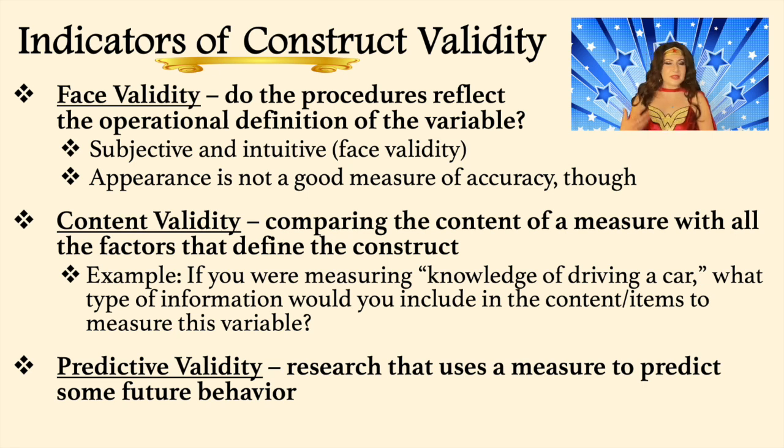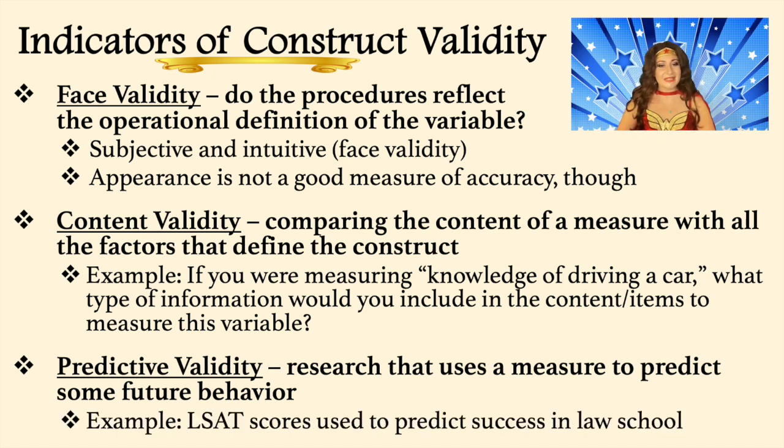And the purpose behind this exam is that they feel like if you score high on the GRE, that will indicate that you will do well in grad school. Another example is the LSAT. The LSAT scores are used to predict success in law school. So that is an example of predictive validity.